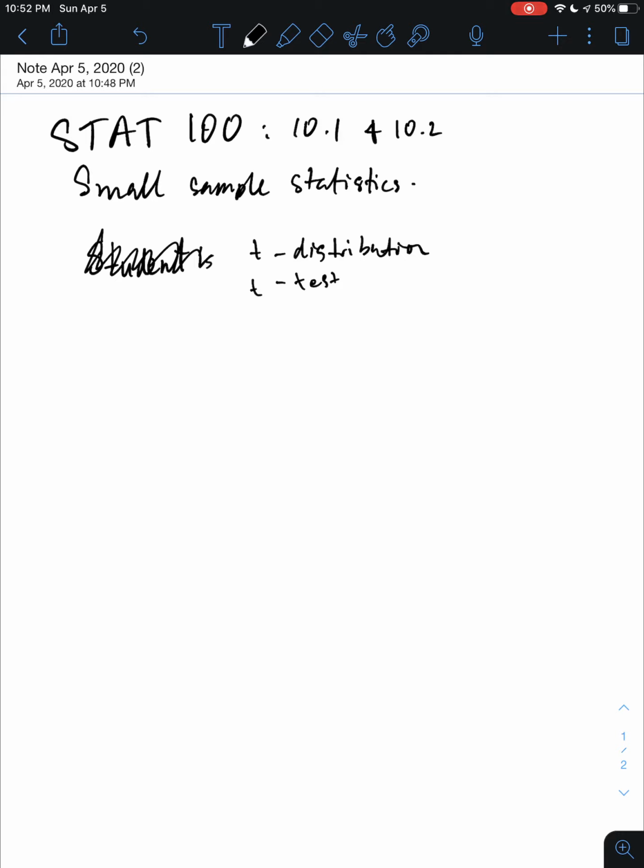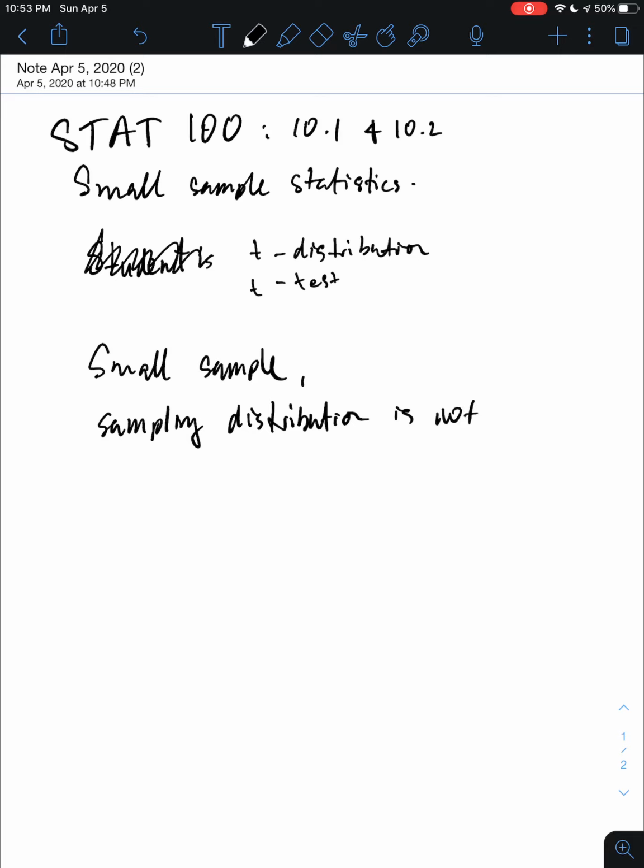All right, so what is the big idea behind this discovery of Gossett's? Well, it essentially goes back to the central limit theorem, as we always seem to go. And we can't really say anything. The central limit theorem says for small samples, the sampling distribution is not approximately normal.